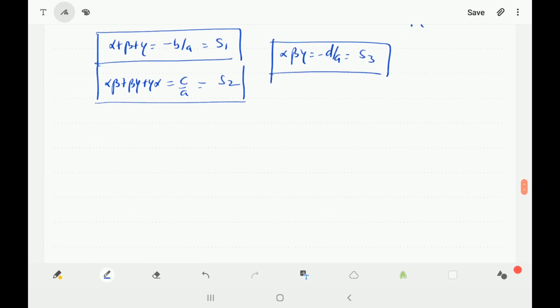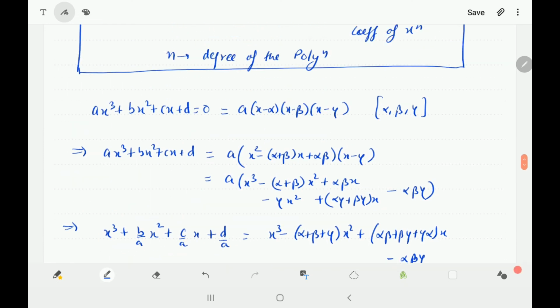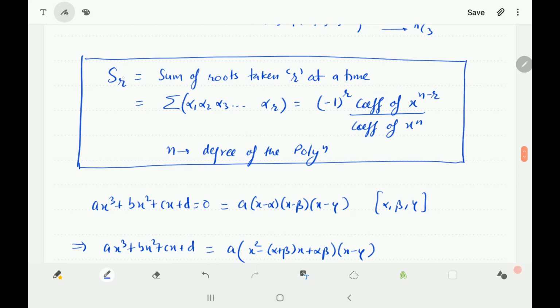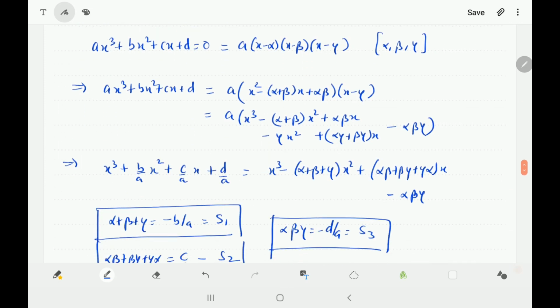Now I'll just try to use the direct formula to calculate this thing. a x cube plus b x square plus c x plus d is equal to 0. Say I just want to calculate S1, which is summation alpha, which is actually equal to alpha plus beta plus gamma. This will be minus 1 raised to the power r, where r is the value here. In the formula, S r denotes the sum of roots taken r at a time.